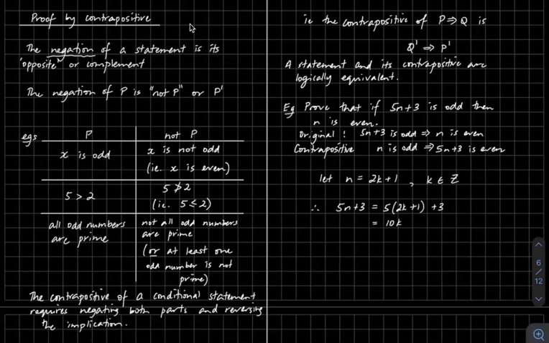So what's that? 10k plus 5 plus 3 is 8. And let's write that in the form of an even integer, which is 2 lots of some integer, so 2 lots of 5k plus 4, which is always even.